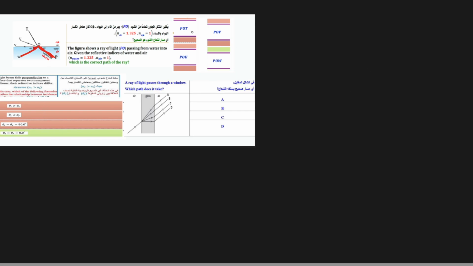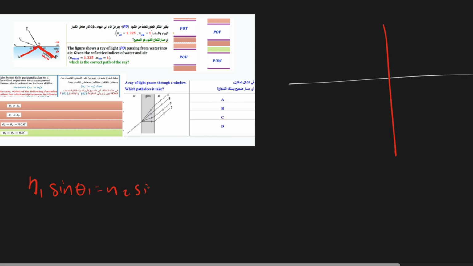If we have a light that is shining directly perpendicular to the surface, we will have absolutely no refraction. The reason is that we have n1 sine theta 1 is equal to n2 sine theta 2, while theta 1 is equal to theta 2, which is equal to 90.